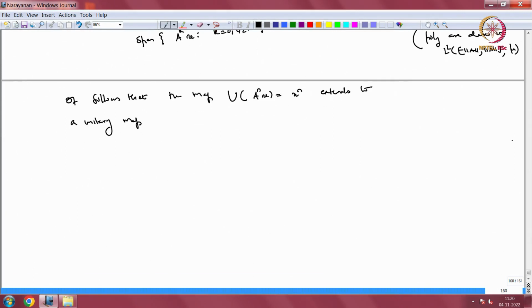So, it follows that the map u, which takes a to the n v to x to the n, extends to a unitary map from H, the Hilbert space, to L2 of minus norm a to norm a, the interval, with respect to the measure mu, let us say mu v v, that was the notation, or just mu.